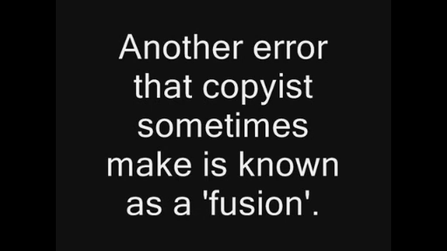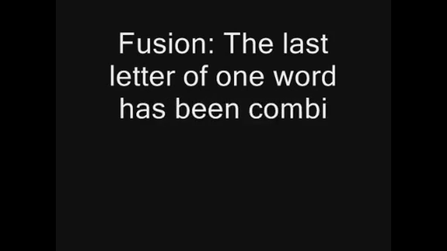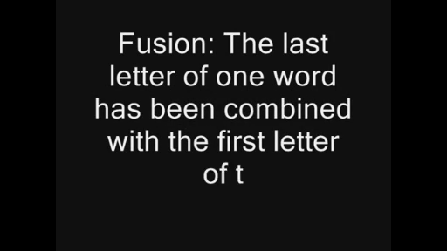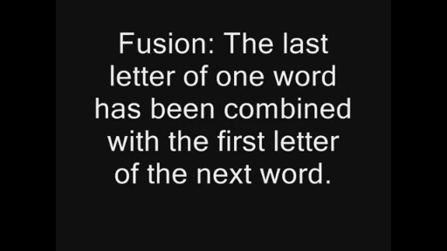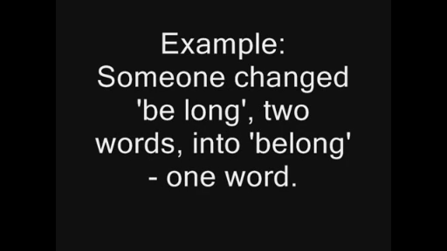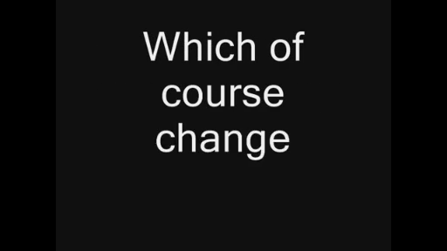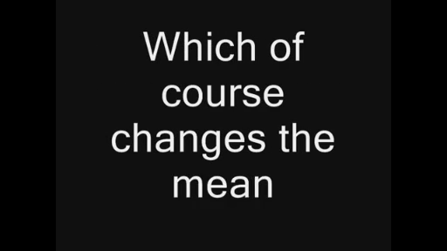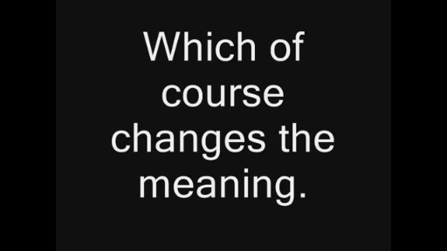Another error that copyists sometimes make is known as fusion, and that's when the last letter of one word has been combined with the first letter of the next word. So for example, someone may have changed be long, two words, as in it won't be long until we finish, to belong, one word. So that would change the meaning to we won't belong, as in we won't fit in. So there's a difference there between be long, two words, and belong, one word.